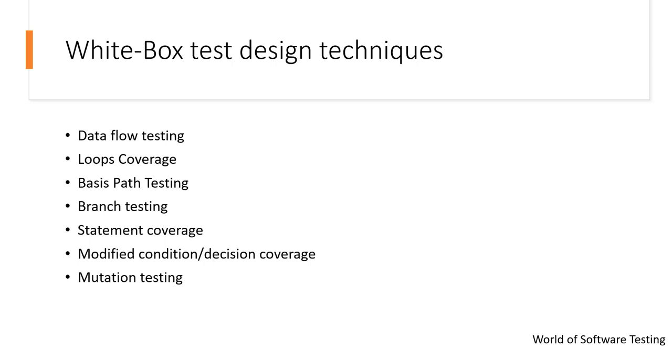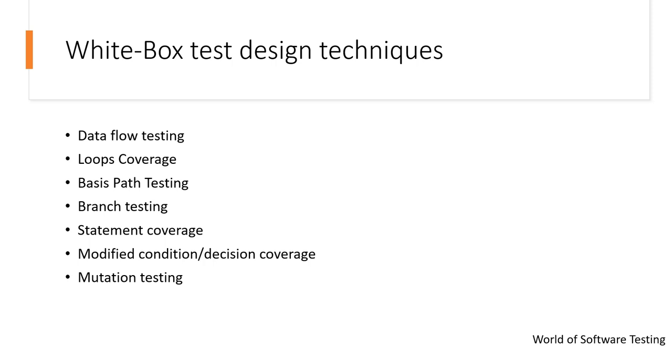Every condition in a decision in the program has taken all the possible outcomes at least once, and each condition has been shown to affect the decision outcome independently. The condition is shown to affect the decision's outcome independently by varying just that condition while holding fixed all the other possible conditions.